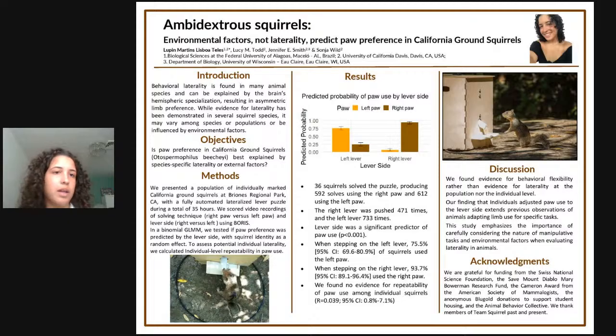So for these puzzle boxes, we find that it was a pretty easy task, as they only needed to press with their body weight to solve the box, and it would deliver them some seeds and some food. And if we present a more complicated task where they have to think about how to open and solve it, maybe they would have a preference, or maybe not. We need more research on that to be sure.